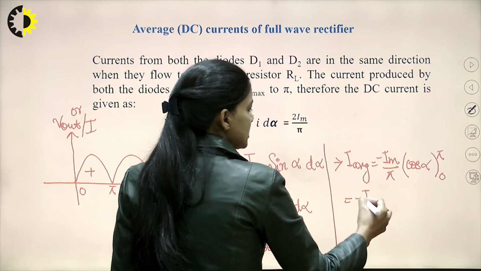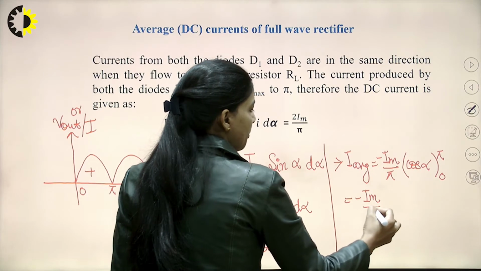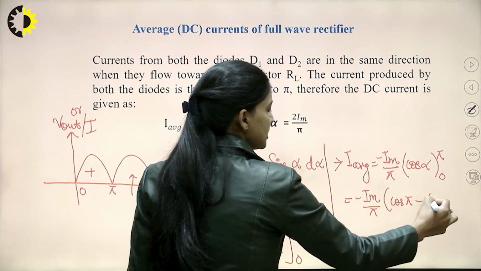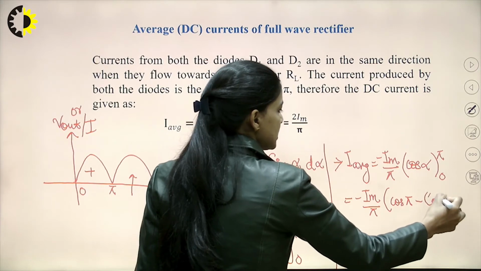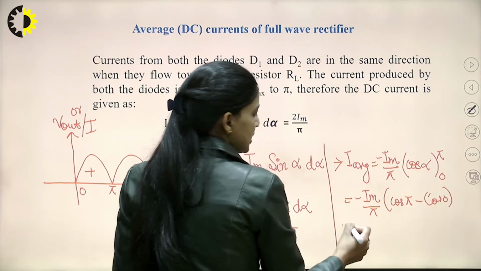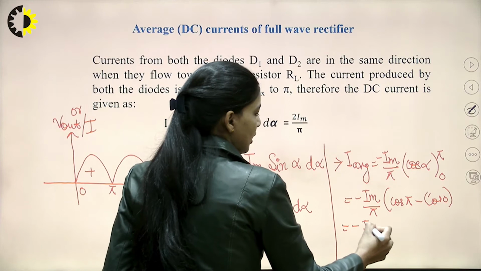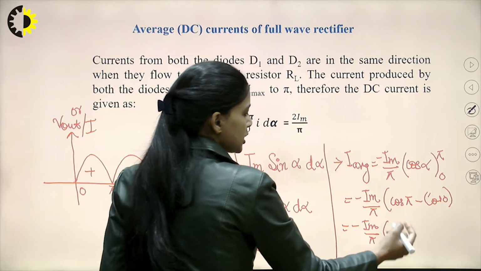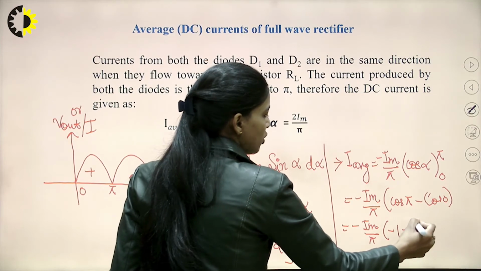Putting the limits, Im upon pi cos pi minus cos of 0. This gives us minus Im upon pi minus 1, cos pi is minus 1 and cos 0 is 1.